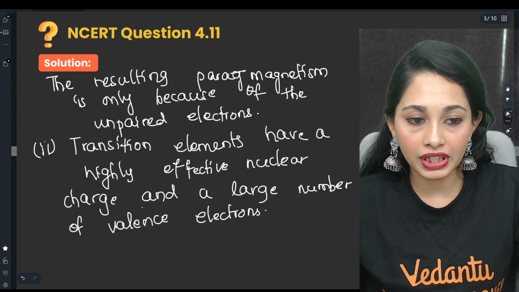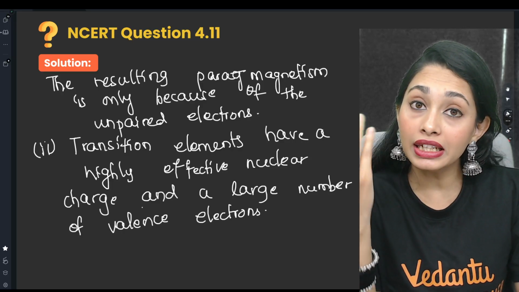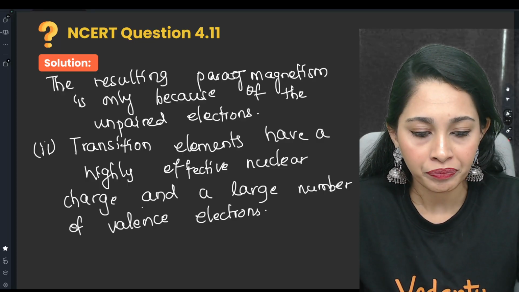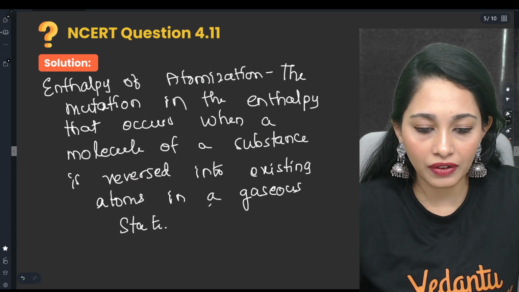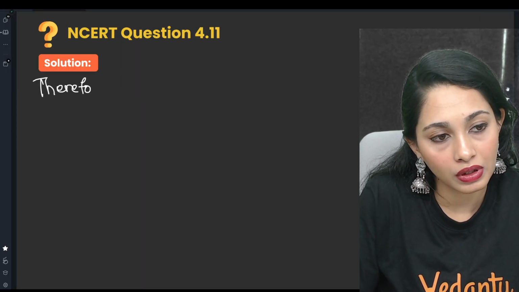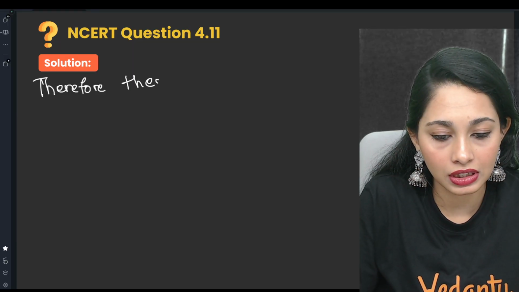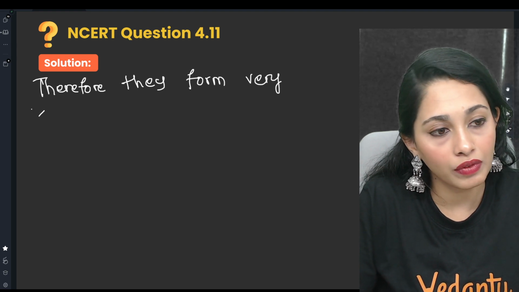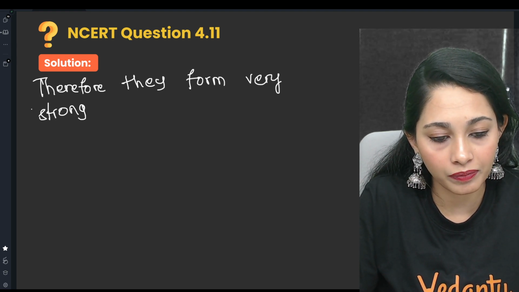So as we have already discussed, transition elements have a high effective nuclear charge and a large number of valence electrons. Therefore, they form very strong metallic bonds.